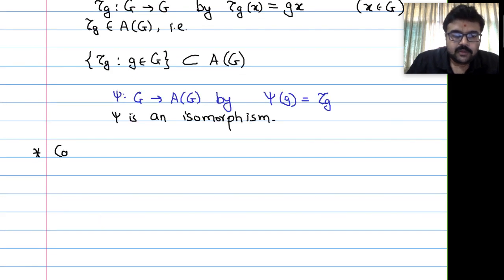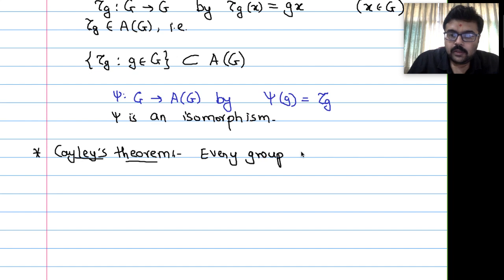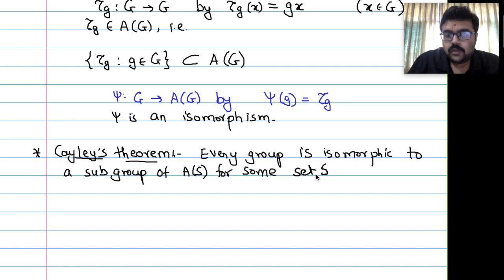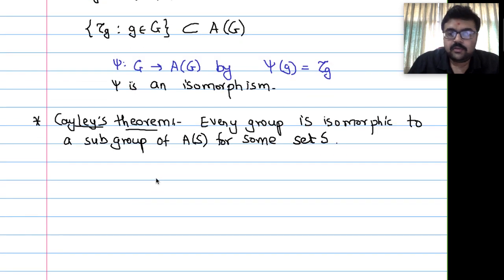So what we had seen, this psi we had defined in the proof of Cayley's theorem: every group is isomorphic to a subgroup of A(S) for some set S. In fact here we take S equals G itself.